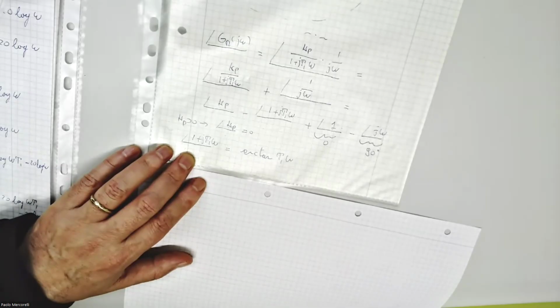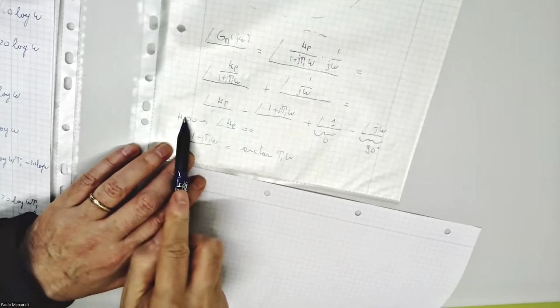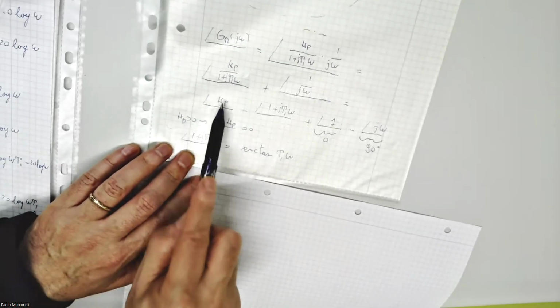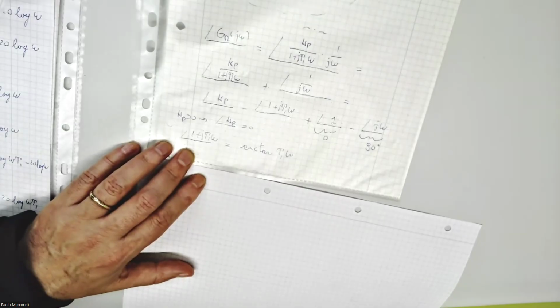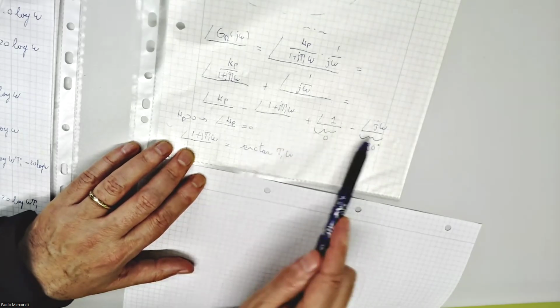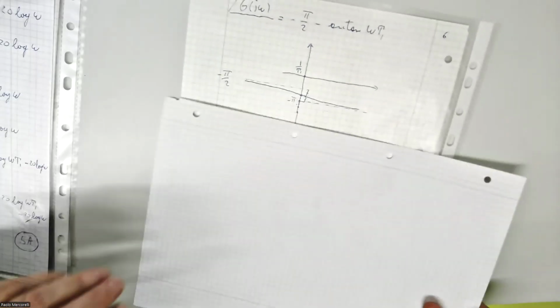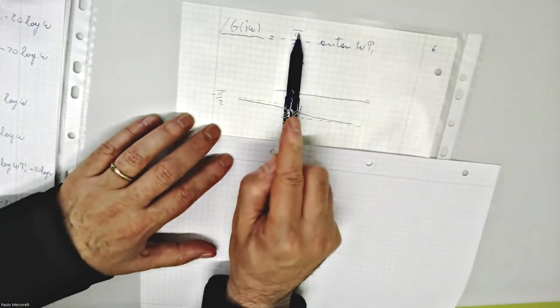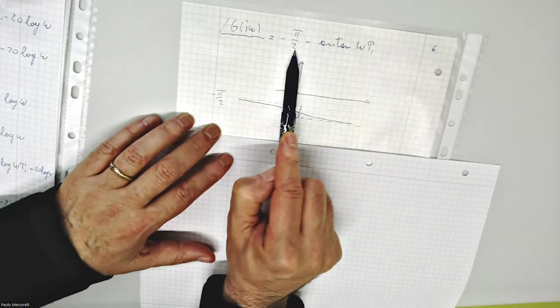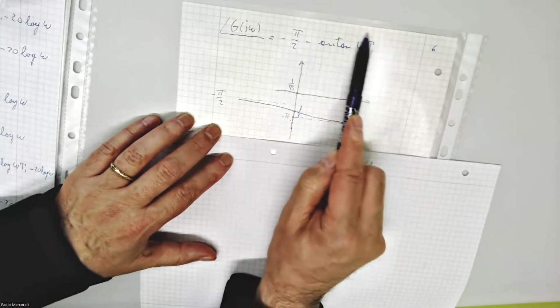We have to combine now. If Kp is positive, the phase of Kp is 0. This means now we have both. One is asymptotically minus pi divided by 2, minus 90 degrees, and the other this one.